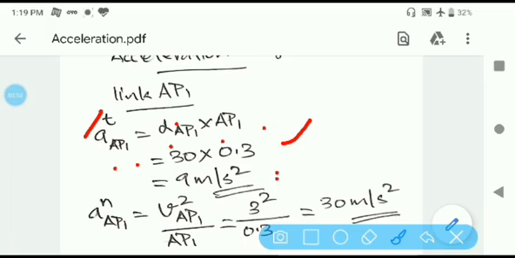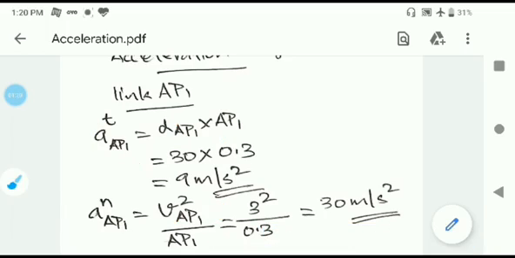P1 as 9 meters per second squared, and the normal component of acceleration is given by the formula v squared by r, where v is the velocity of point A relative to point P1 and AP1 is the length of the crank. The value of velocity you can take from the velocity diagram.